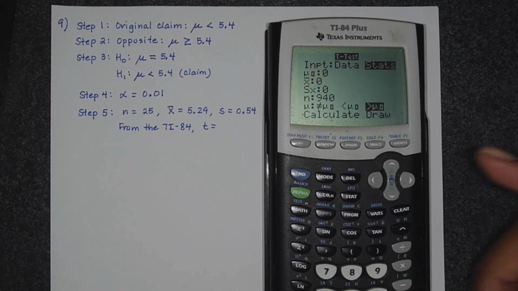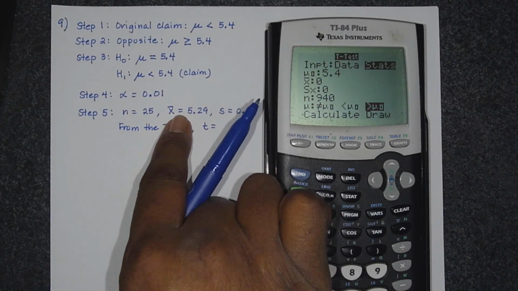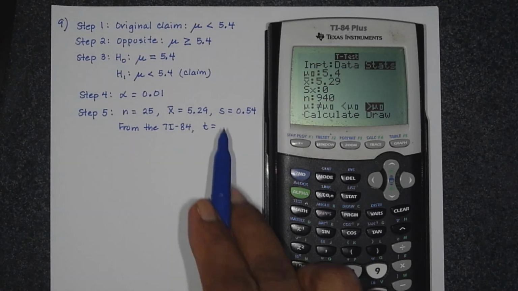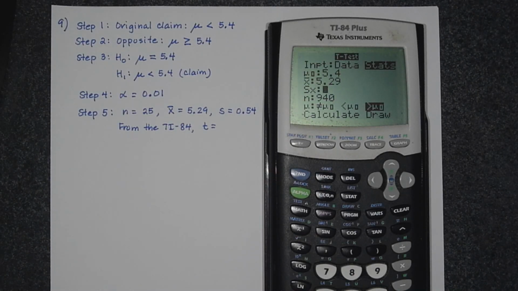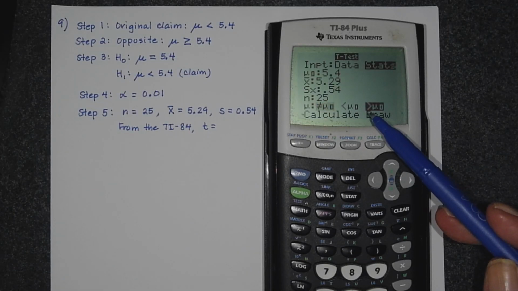All right, mu sub 0, that's from the null hypothesis. That's 5.4. We type that in, then press enter. X bar is the sample mean. That's 5.29. We type that in. And then S sub X, that's your sample standard deviation. That's the 0.54. And then your N, your sample size, that's 25. And now for the mu, it's either going to be not equal to, less than, or greater than.